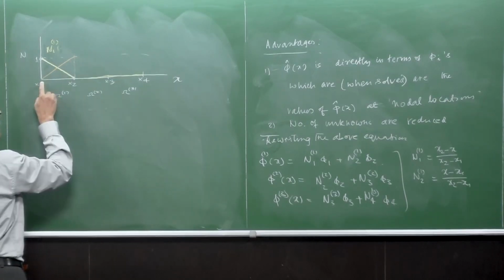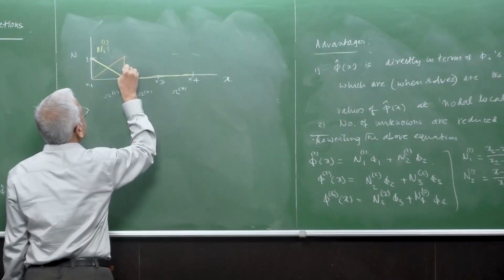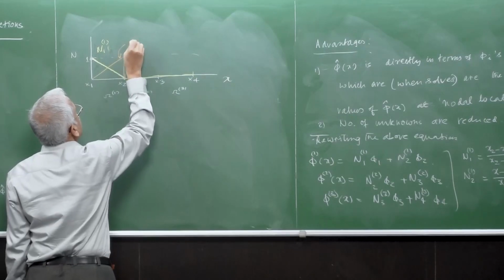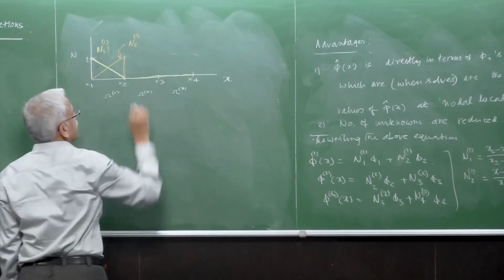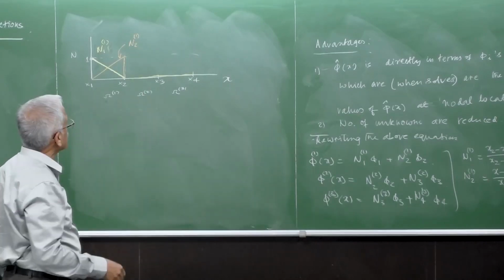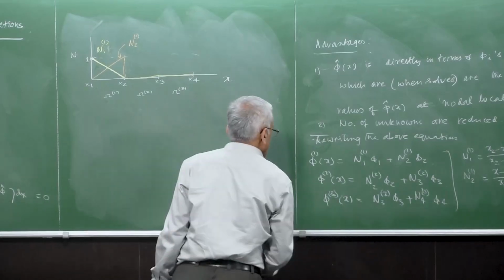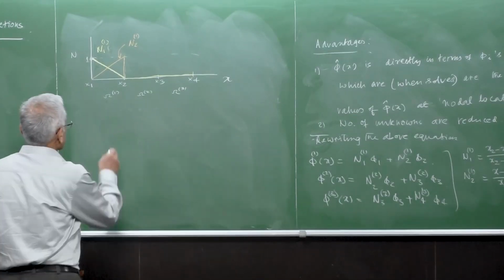It is 0 here and going to 1 there, and then it is 0 here. So this is N2 defined in zone 1. Okay, so like this we have N2, and we also have other things.